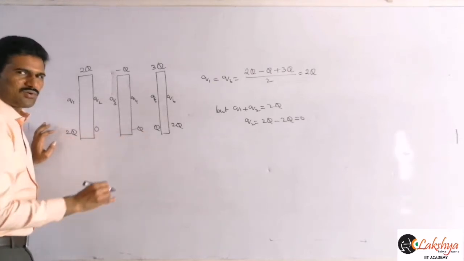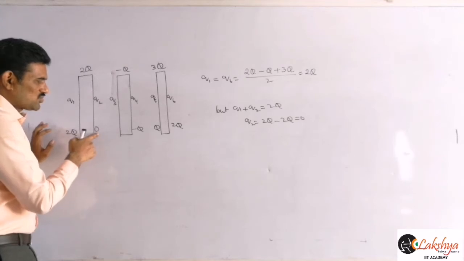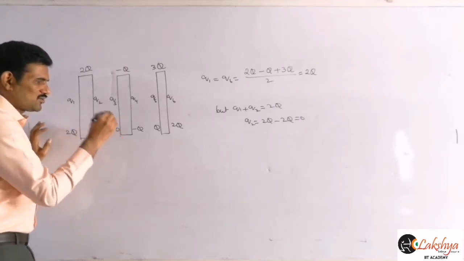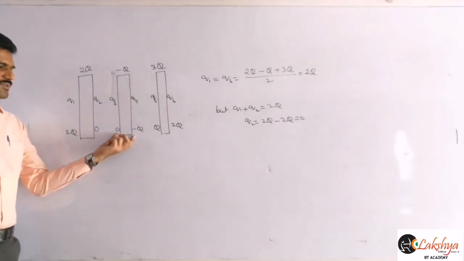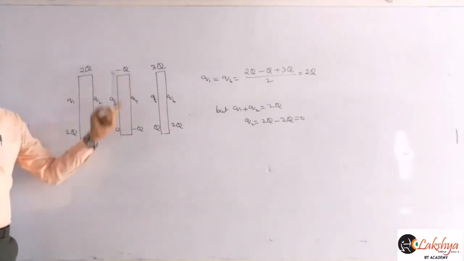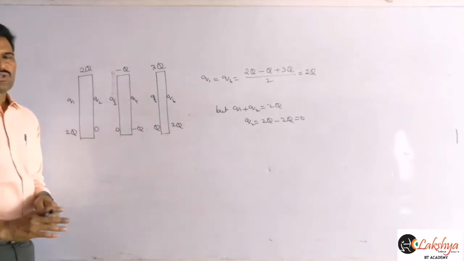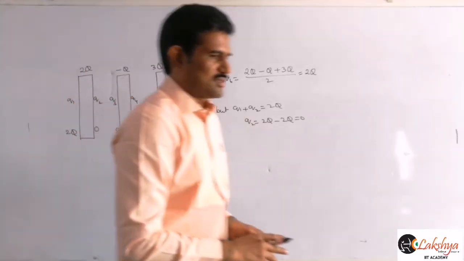Next, the charges appearing on these 2 surfaces must be equal and opposite. Here this side is 0, so this side also will be 0. Now you can verify that the net charge on this plate is minus q. Those are the charges appearing on the different plates. Like that you can find the charge distributions present on these different plates.